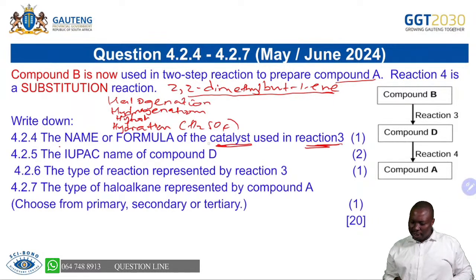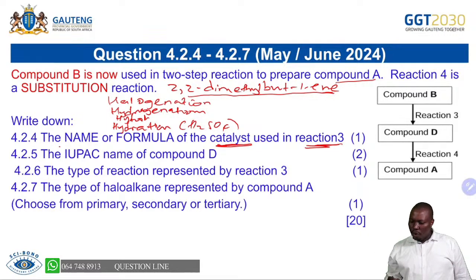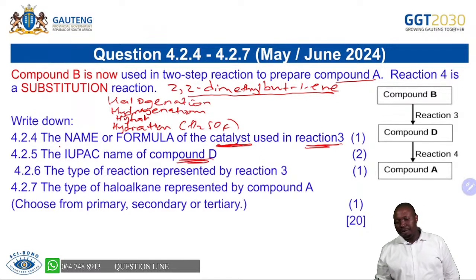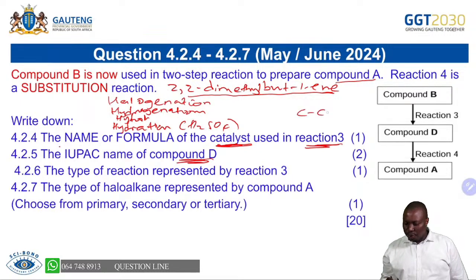So the catalyst used would be sulfuric acid, and for the IUPAC name, we are adding water, so we're getting the alcohol now. Where will we add? This is very important. In carbon number 1 we have a double bond, so that will be your but-1-ene, and then you get the structure. In carbon number 3 we said we have 2,2-dimethyl, so you have a methyl there and another methyl there.